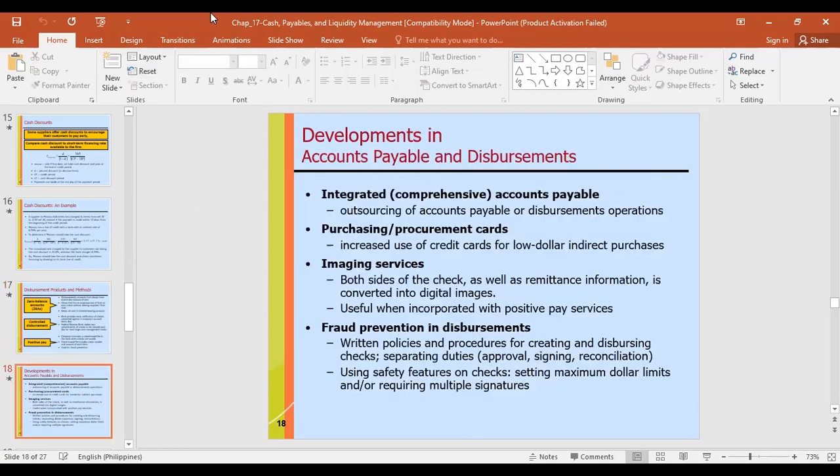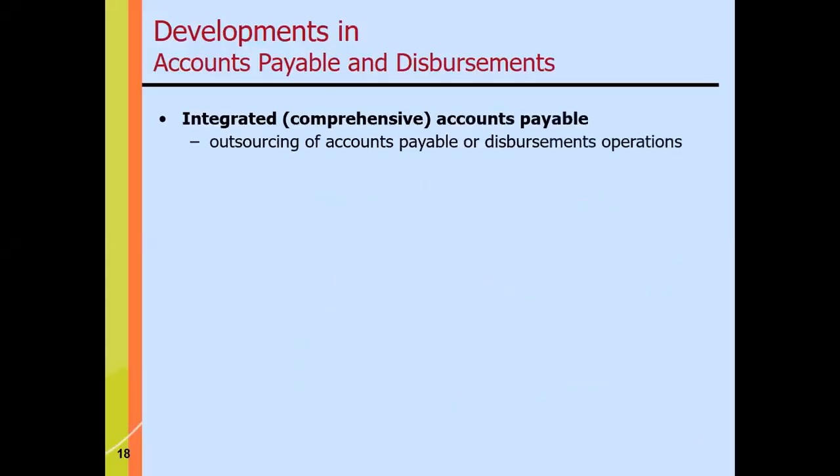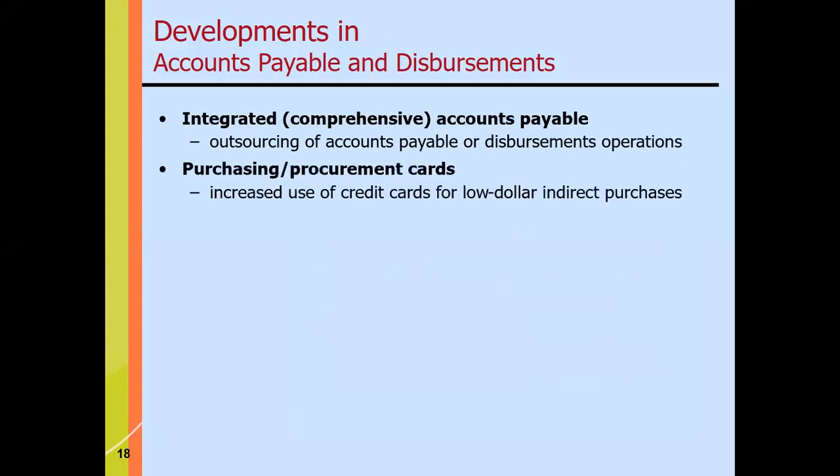All right, so to continue, another aspect of disbursement procedures, there are developments now. First is integrated or comprehensive accounts payable. In this case, the accounts payable or disbursements operations are outsourced. There are now companies that are actually doing the jobs, so they are to be paid certain fees.